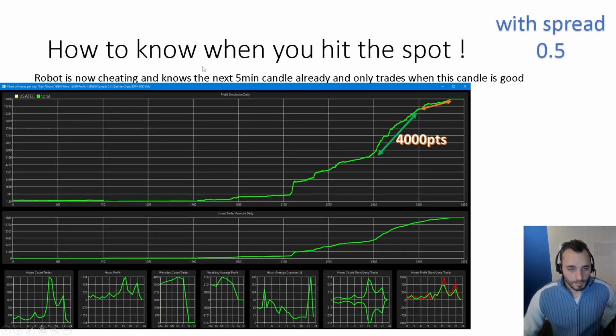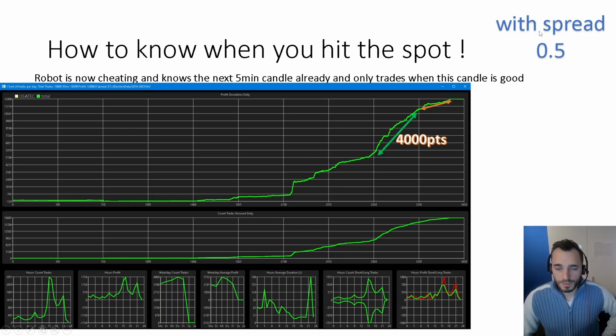Okay, but how do we know when we hit the spot? How can we see or how can we prove that any strategy is good? And yeah, I just changed the strategy we have seen before, and now the robot is cheating and the robot knows the next 5-minute candle and only trades when this next 5-minute candle is in his favor.